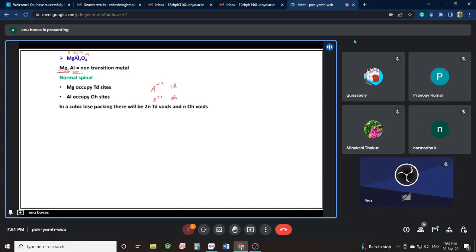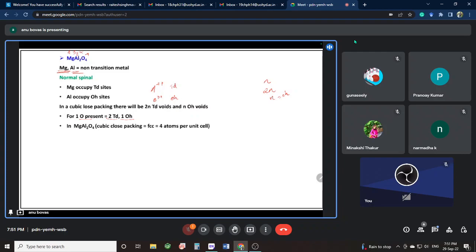And in any close packing, we know that if there are n number of atoms, there will be 2n number of tetrahedral voids and n number of octahedral voids. Okay, so here the lattice is made of oxygen, right? If one oxygen atom is present, that means two tetrahedral voids and one octahedral void will be present.